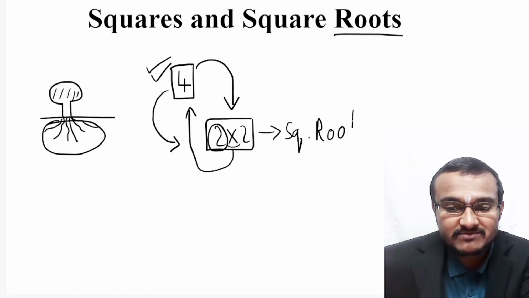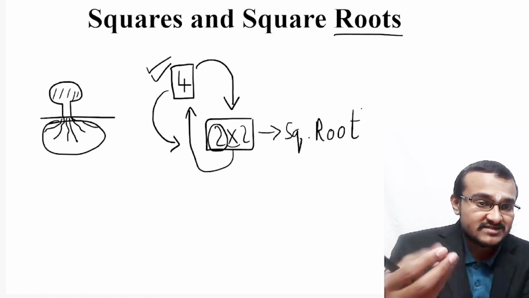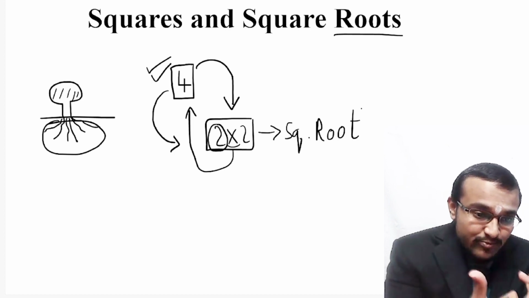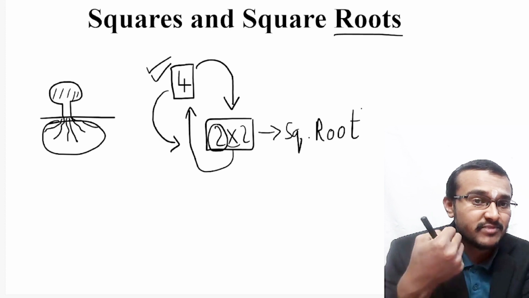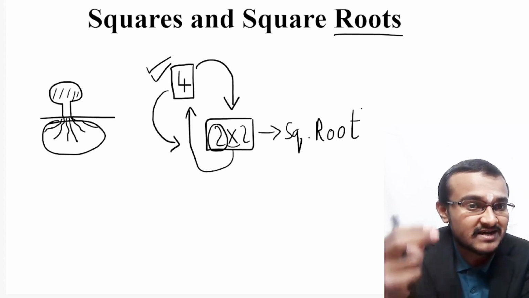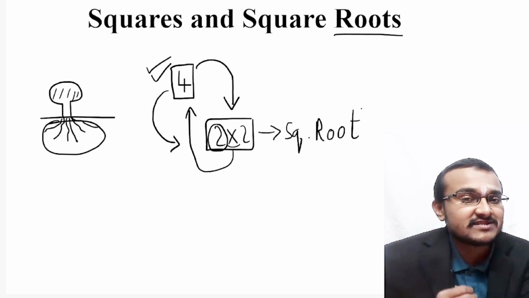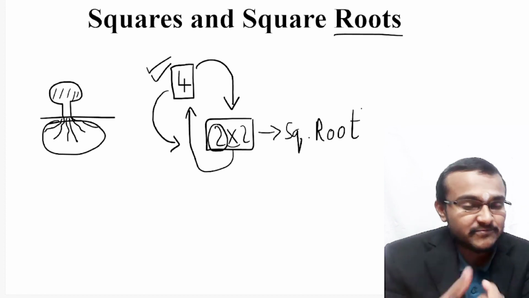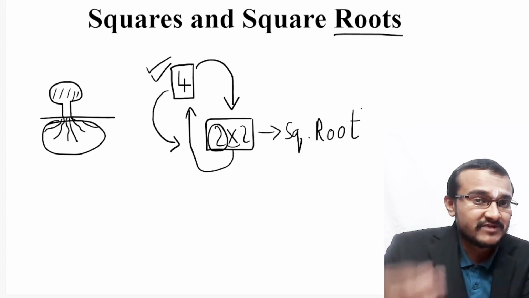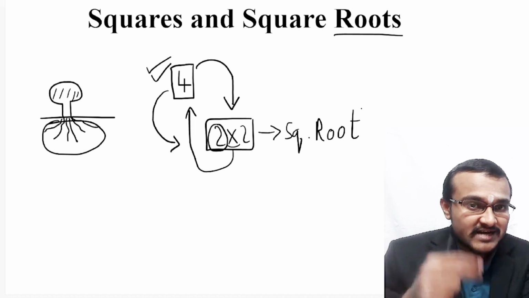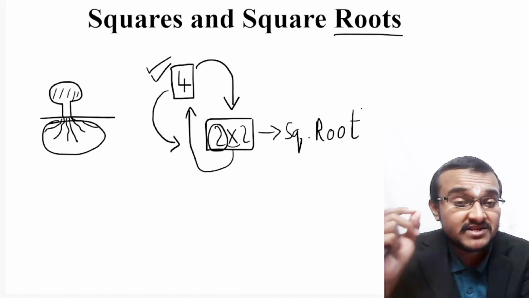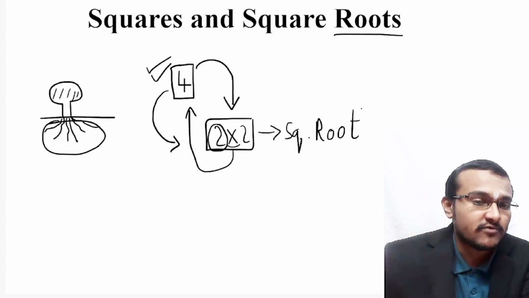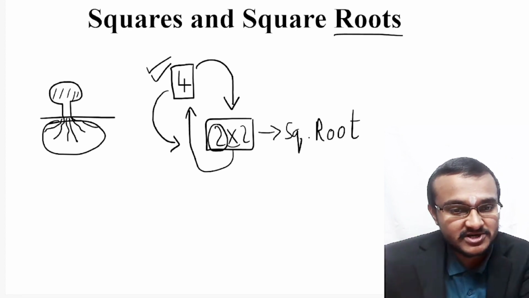You should always remember the root means the origin from where that number originated. So 4 is a perfect square because when 2 is multiplied with itself, you get 4. That means 2 acts as the root of that square number. That's why 2 is known as the square root of 4. You should remember this term.